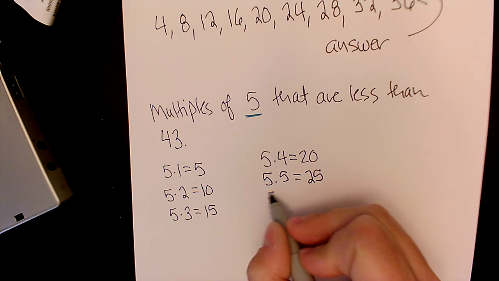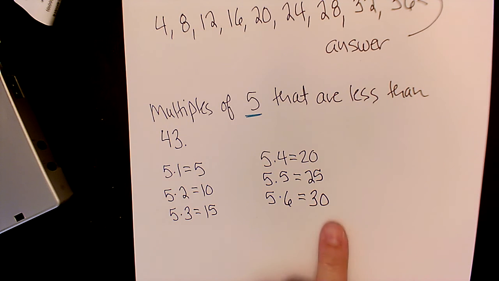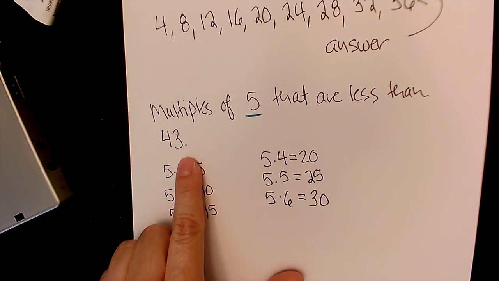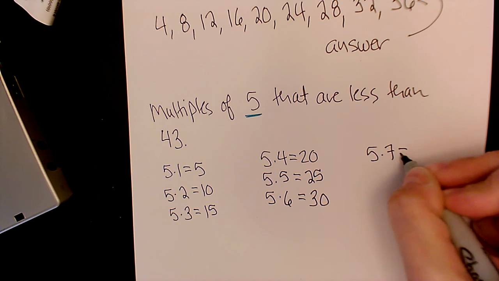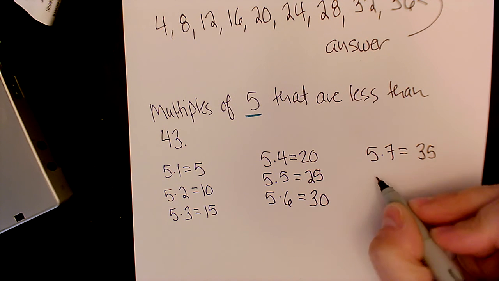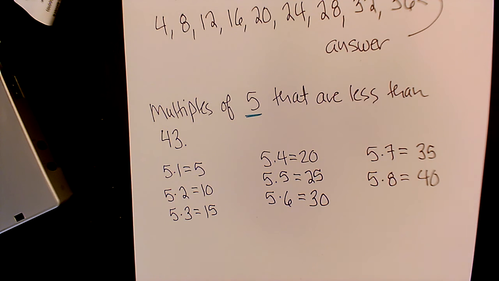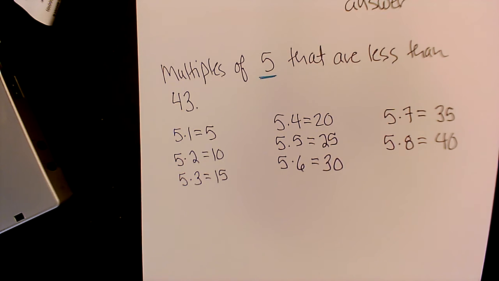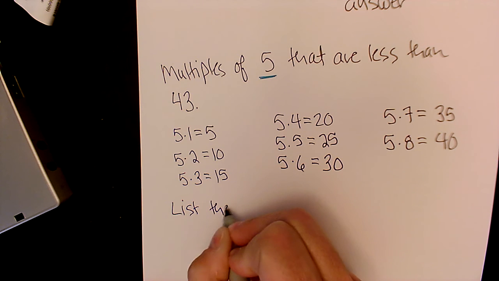5 times 5 is 25. So 5 times 6 is 30. I'm still less than 43, so I'm going to keep going. Got 35, 5 times 7, and 5 times 8 is 40. I know 5 times 9 is 45, so that's bigger than 43. So I'm going to stop there. So list these all out with a comma.